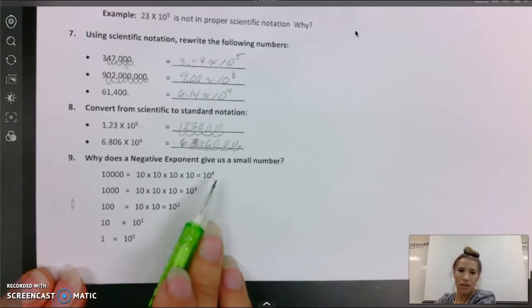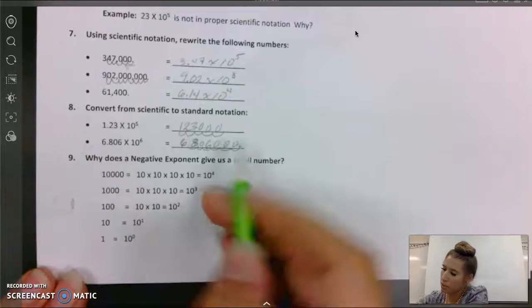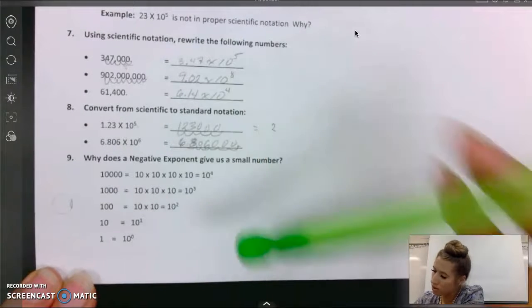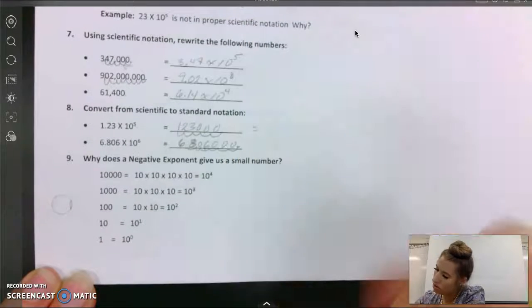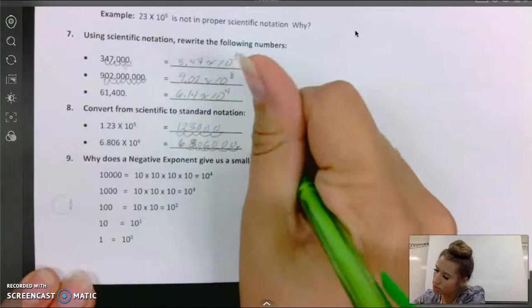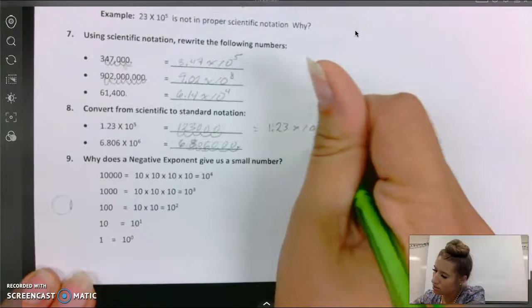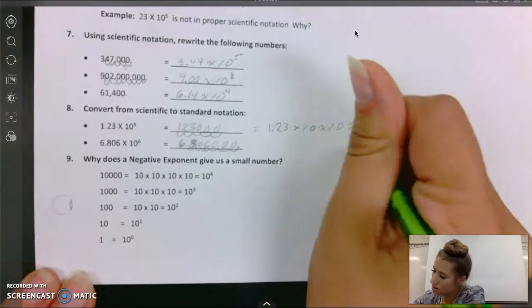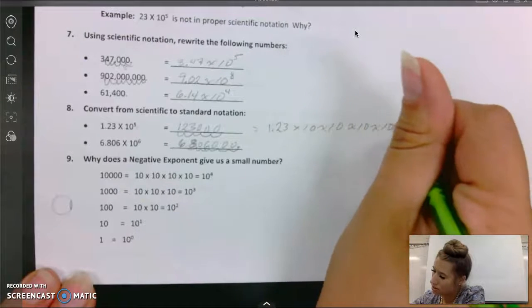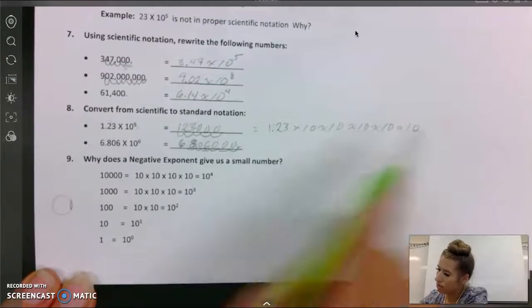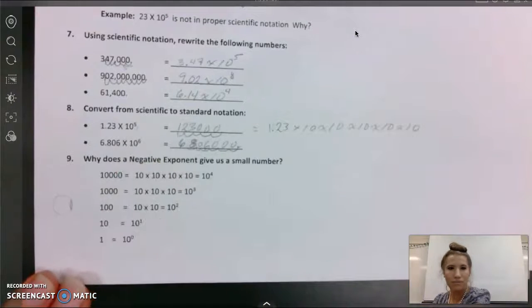So if we have 2.3, like our example here, this is the same as 1.23, times 10, times 10. Okay, 1, 2, 3, 4, 5, and it has a power of 5.